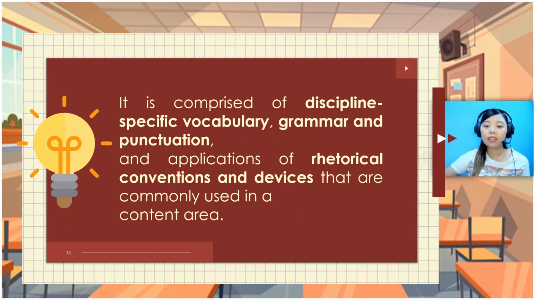When we talk about discipline-specific vocabulary, we refer to the specific words that we use in various academic disciplines. For example, in business, we use the words invoice, commodity, counter offers, or marketing. In natural sciences, we hear experiments and scientific method.